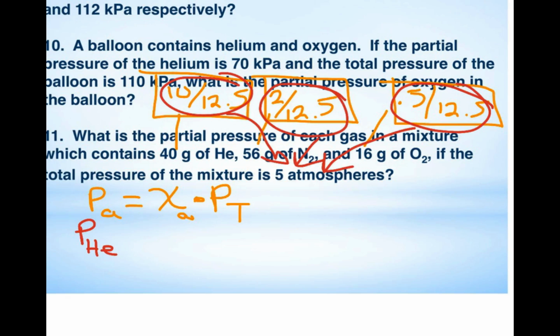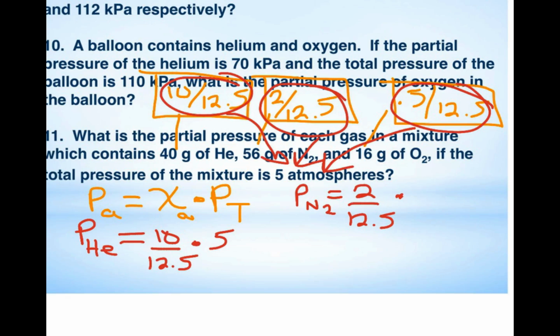So my partial pressure of helium is equal to 10 over 12.5 times my total pressure of 5. My partial pressure of nitrogen is going to be equal to my mole fraction 2 over 12.5 times my total pressure of 5. And then my partial pressure of oxygen is going to be equal to 0.5 over 12.5, again, times 5.